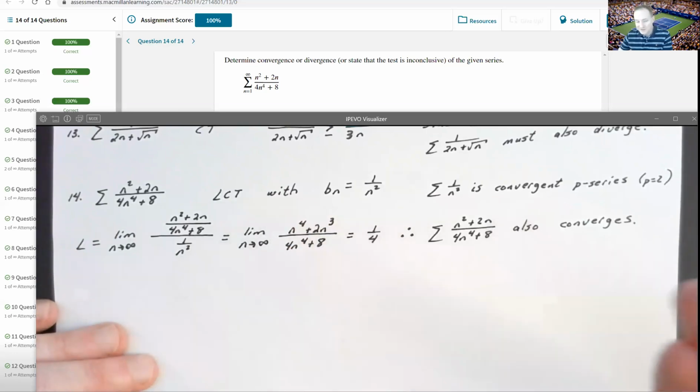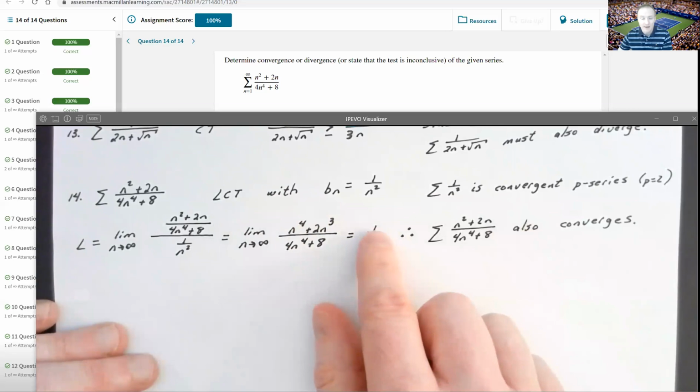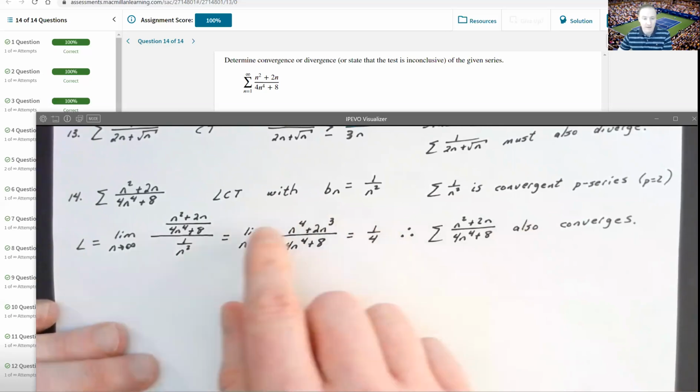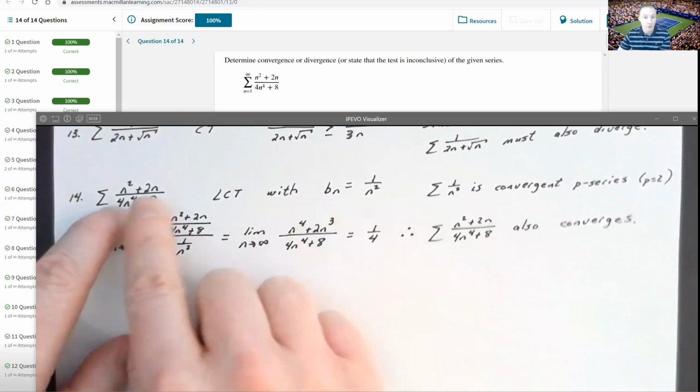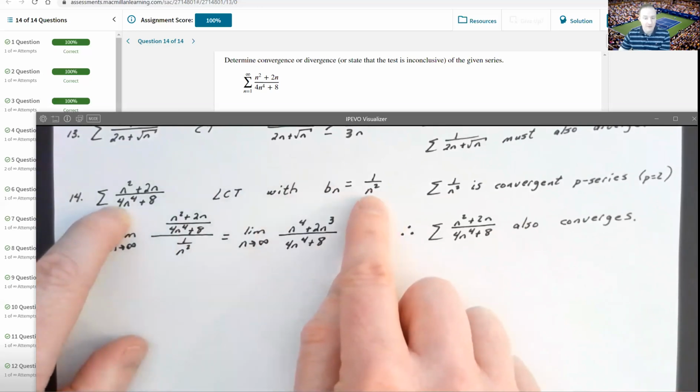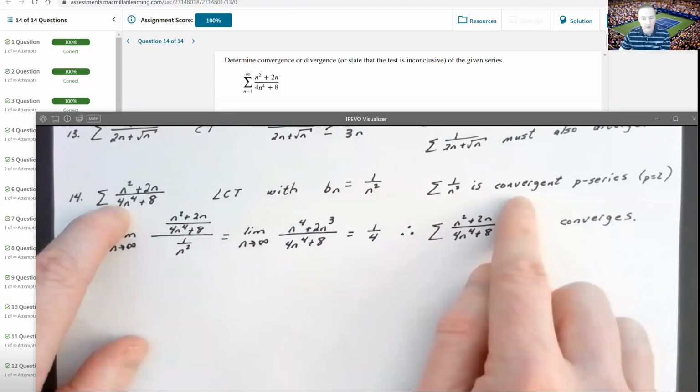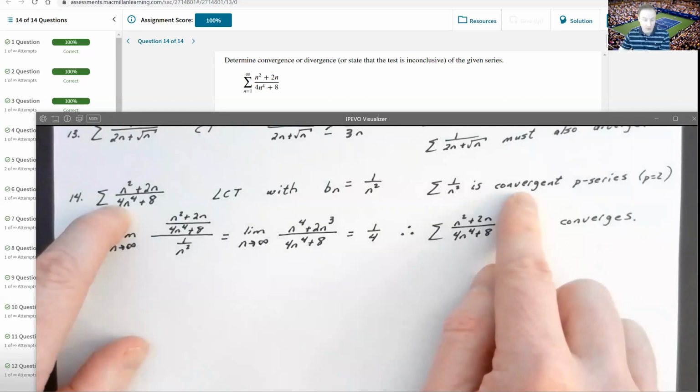So what is this telling us? It's telling us that for large values of n, this series is approximately 1/4 the size of this series. So it's some constant multiple of that series. What do I know about this series? Well, it's convergent. 1/4 times a convergent series will also converge.